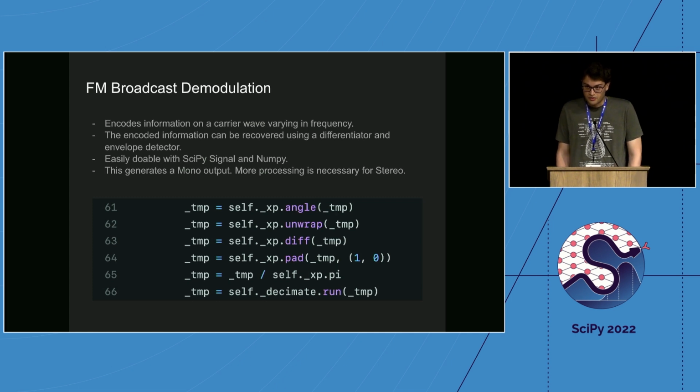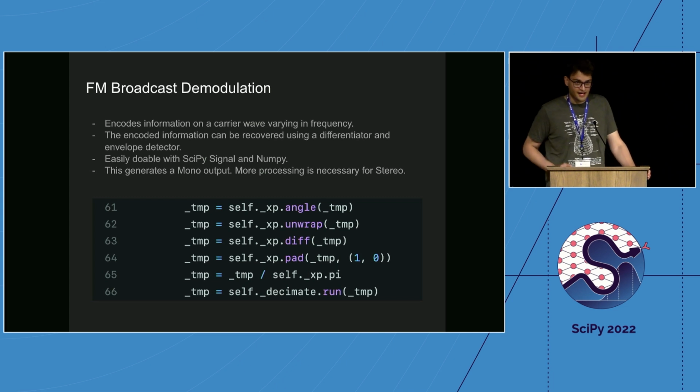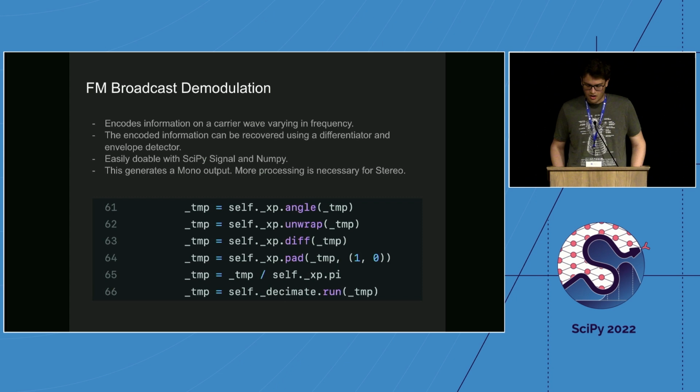Then we unwrap that and then run the differentiation. And after we just divide by pi, and then we have our envelope detection. And later we just decimate the output signal to match what our sound card will receive to play. And that's the mono audio.